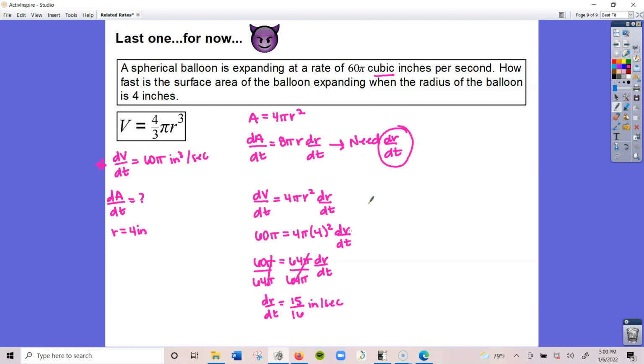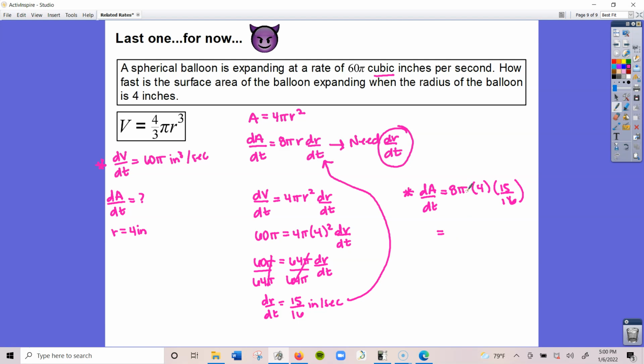I have now my dr/dt, so I'm going to take this and plug it in here for my dA/dt. So dA/dt is going to equal 8 pi times the radius, which is 4, times 15 over 16.